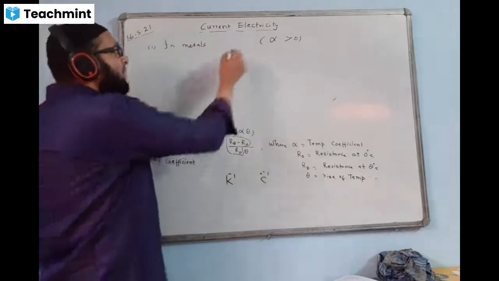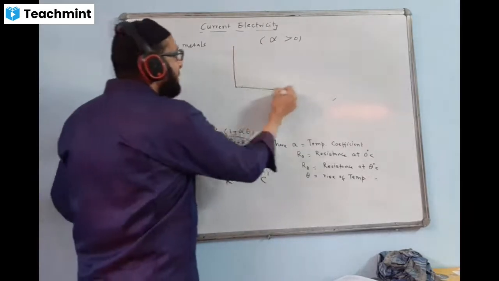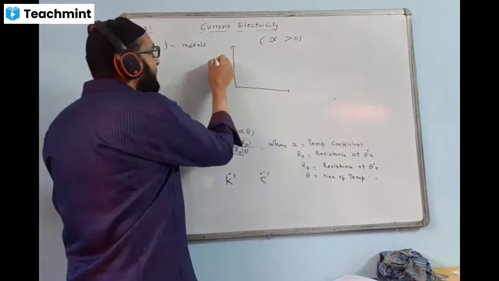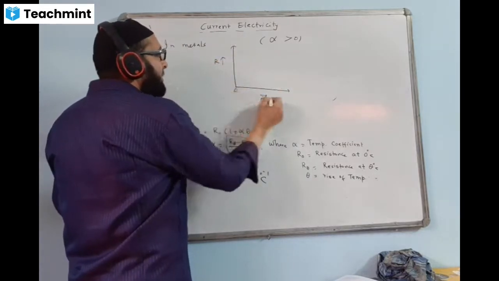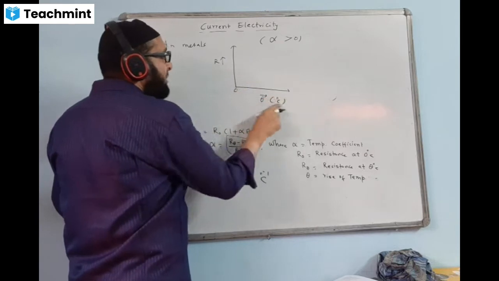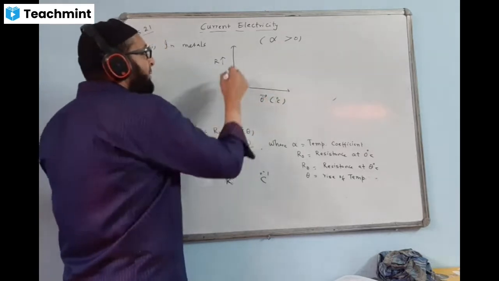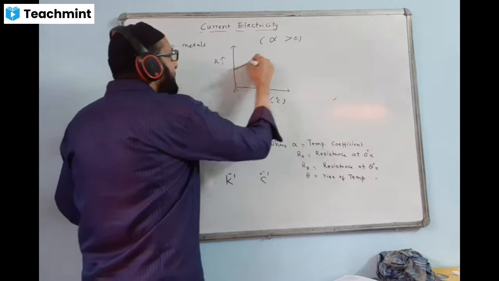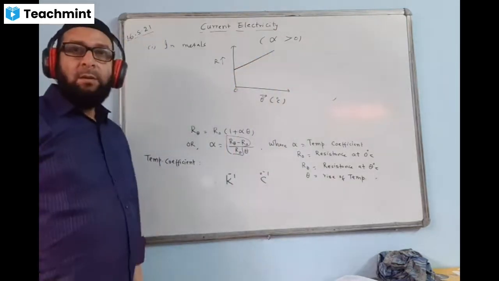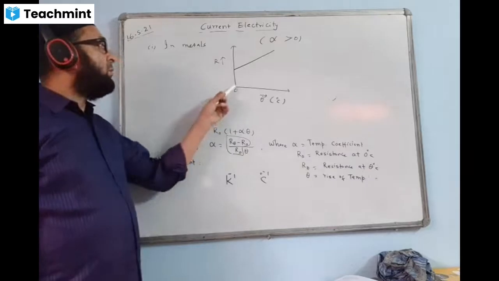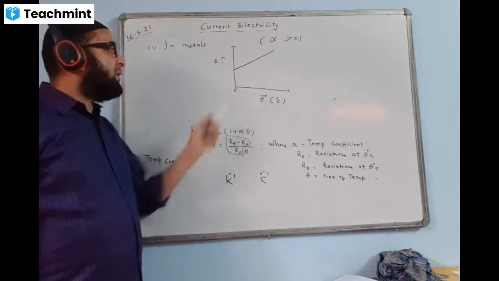So we draw the graph to show the variation between resistance and temperature, like this. Resistance here, temperature here. This is 0 degree Celsius. The graph will not start from 0, because resistance cannot be 0 at 0 degree Celsius.